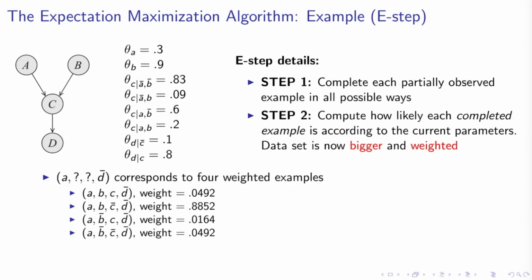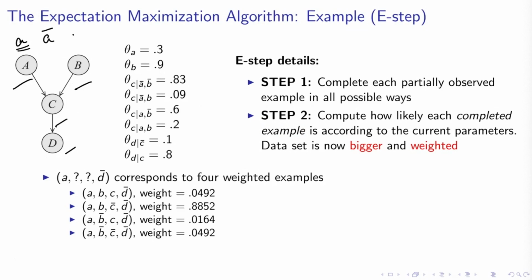So what we are going to do next is demonstrate the expectation maximization algorithm using an example given on the slide. You're given a Bayesian network having 4 variables A, B, C, and D, and we'll assume that the domain of each variable is the set true, false, where small a, let's say, denotes the value assignment of A to true, and A bar denotes the value assignment of A to false.